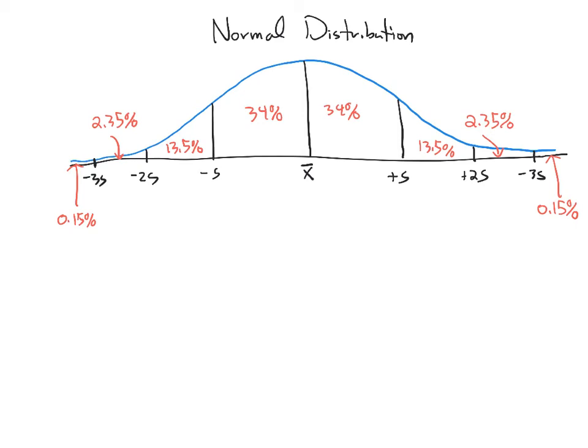So let's do a problem. Let's say we have a data set that comes from a population that's normally distributed.